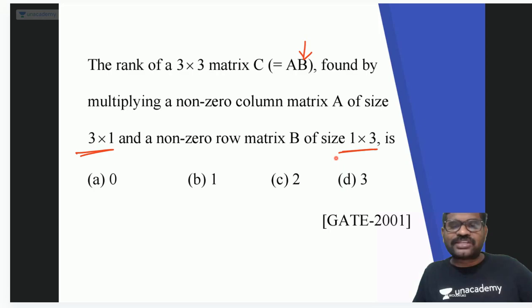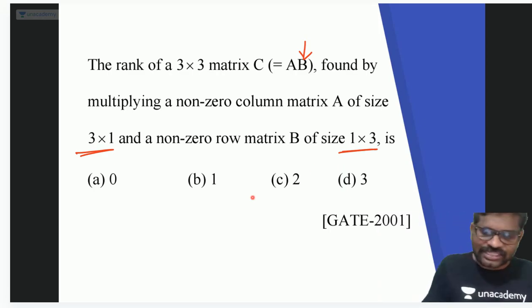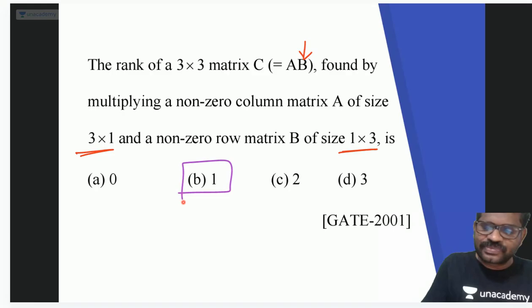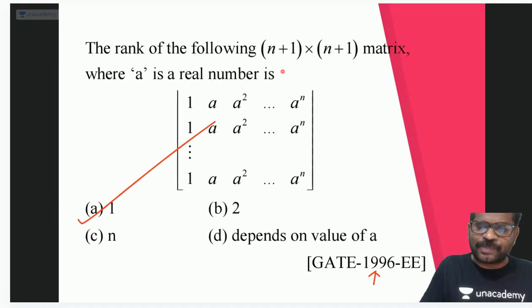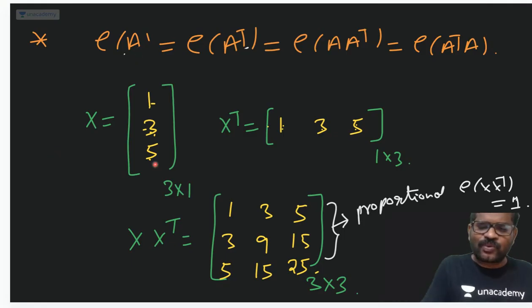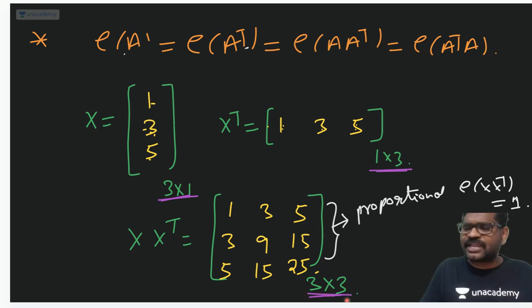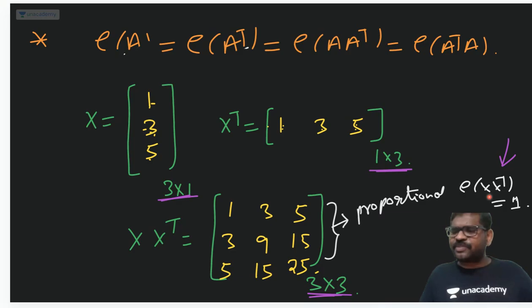Then what is rank of C? 1. That example only I have given. 3 cross 1 multiplied with 1 cross 3, result is 3 cross 3. Therefore, rank becomes 1. Okay?